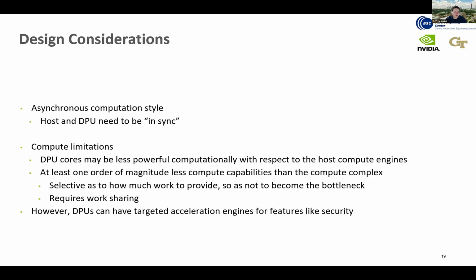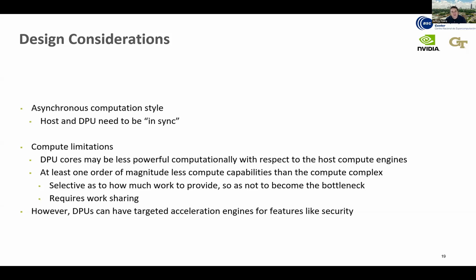But one thing I note is that these cores are not meant to totally replace the host. They're designed in a way that they are computationally capable, but they may not have the extreme memory bandwidth that a traditional server CPU might have. So you need to think carefully about what you actually put on the DPU to accelerate.